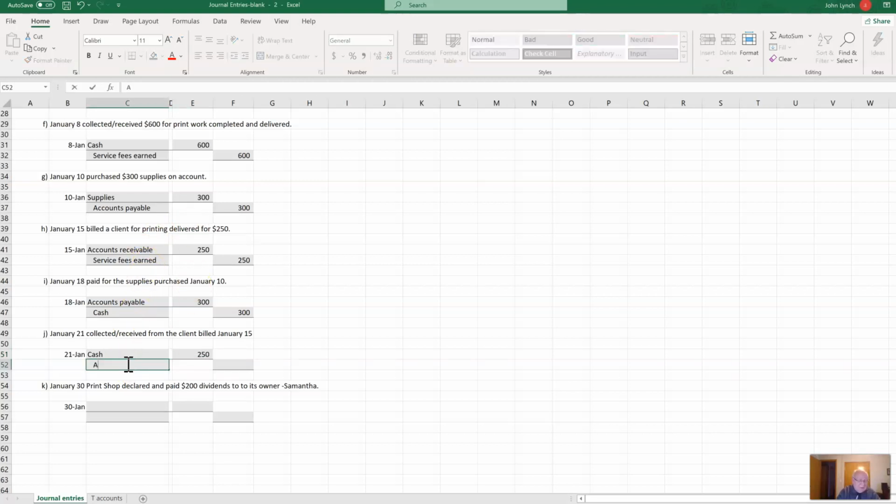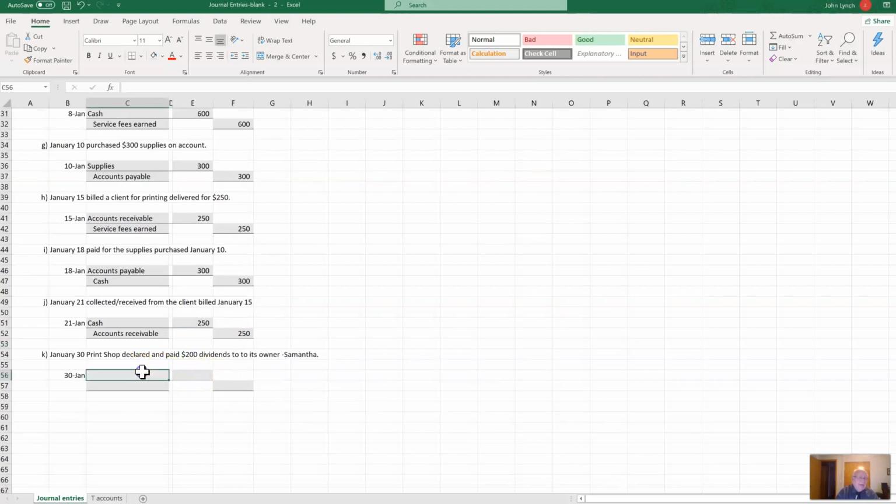And we want to reduce the accounts receivable by $250. Okay, so this increases the cash and decreases the accounts receivable. So both of those are assets, but one increased, one decreased by the same amount, so we're okay.